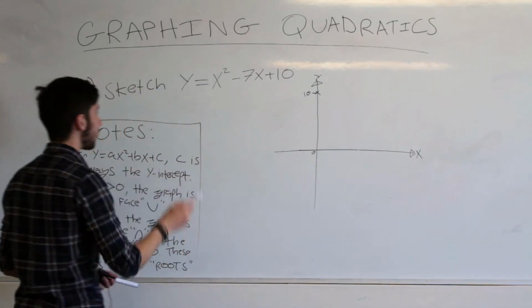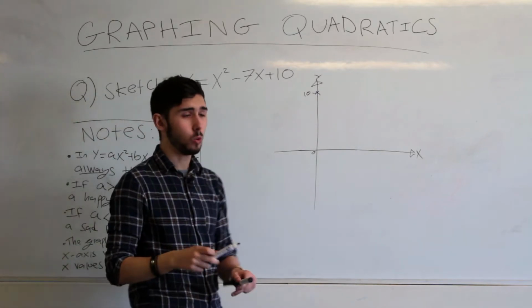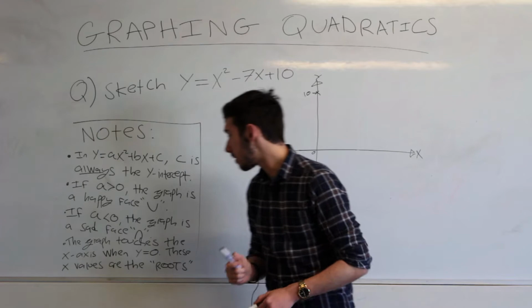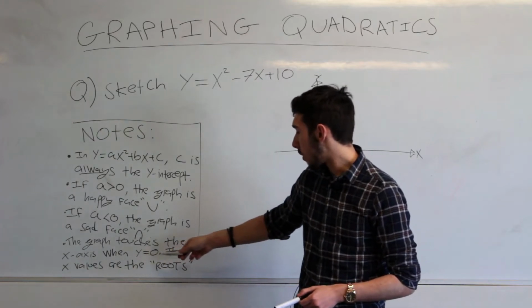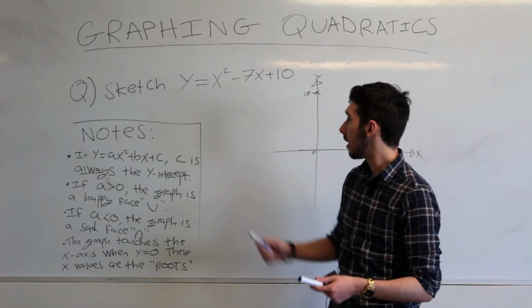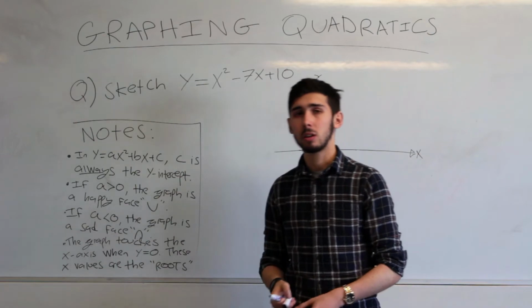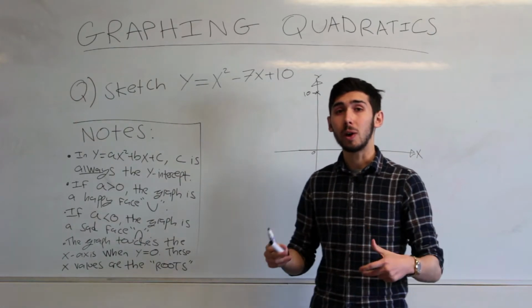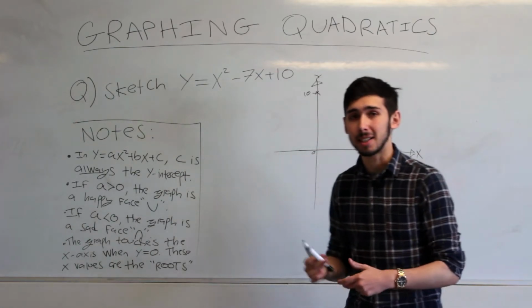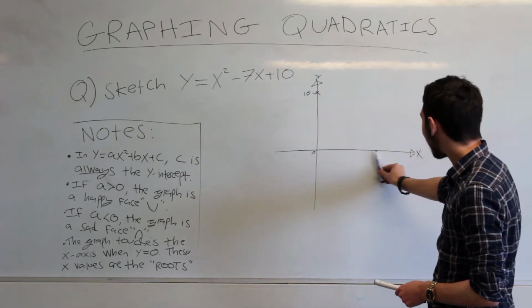So, when y is 0, we are on the x-axis all the time, which means that when y is 0, the points that satisfy the equation ax squared plus bx plus c equals 0, the x values for that will be x-axis intercepts. So that means they will go through the x-axis.